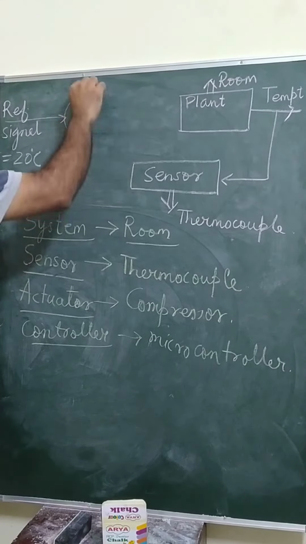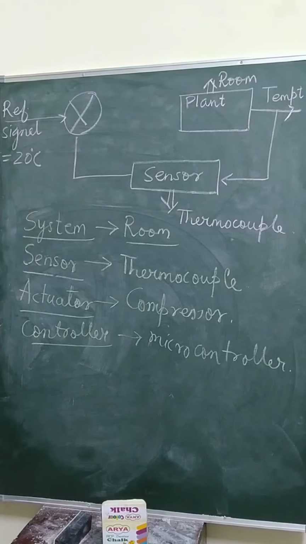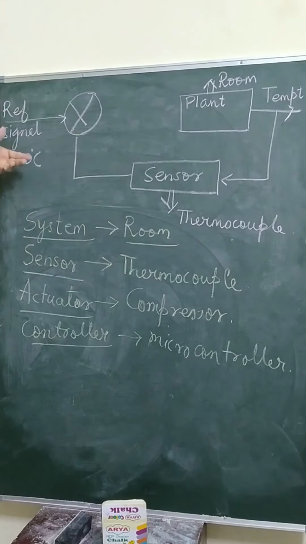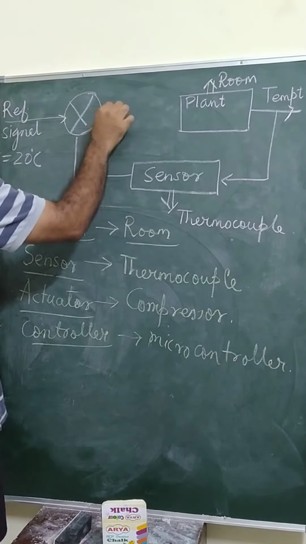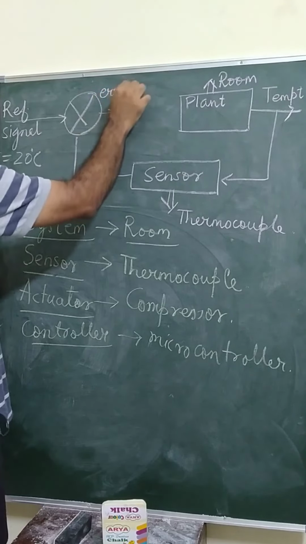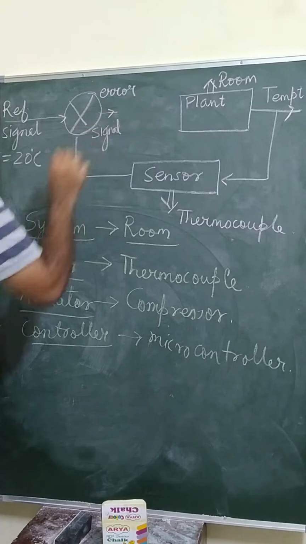So now that becomes my reference signal, right? The reference signal, you must remember, is the required level of the control variable. So here the reference signal is 20 degrees centigrade. Right? So you will compare these two things. And let's say if the temperature of the room inside is much higher than 20 degrees centigrade, or if it is slightly higher, then you get some error signal. This is what we said. This is the error signal.